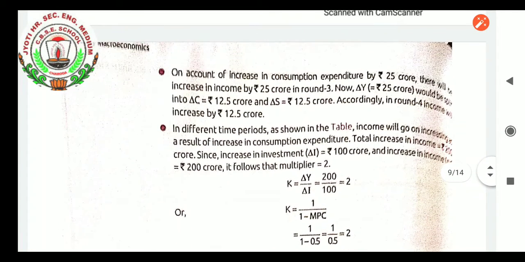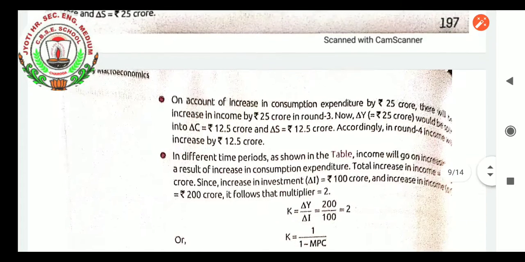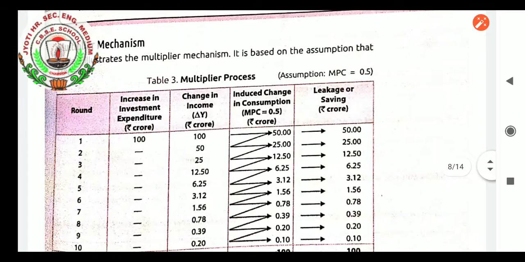Let us have the situation, student. On account of increase in consumption expenditure by rupees 25 crore, there will be increase in income by rupees 25 crore in round number 3. Now delta Y equals rupees 25 crore would be split into delta C equals 12.5 crore. It is just going with the parameter, student. What is the impact of change in income from 50 to 25, and the impact on change in consumption?